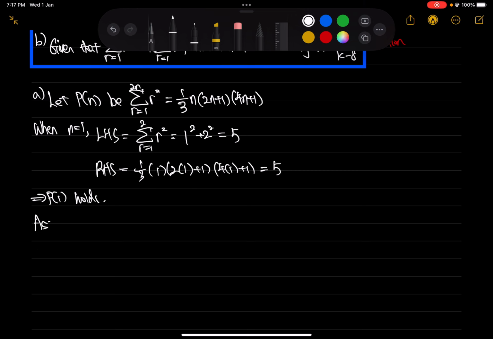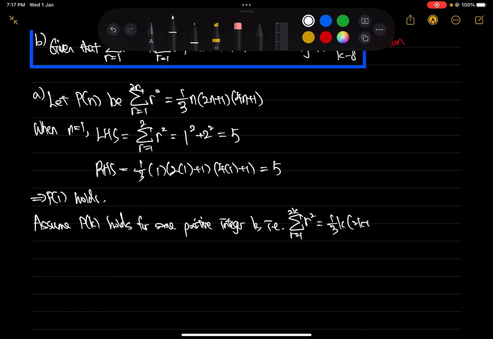Now we assume Pk holds for some positive integer k, i.e. we have the sum from r equals 1 to 2k of r squared is equal to 1 over 3 k, 2k plus 1, 4k plus 1.